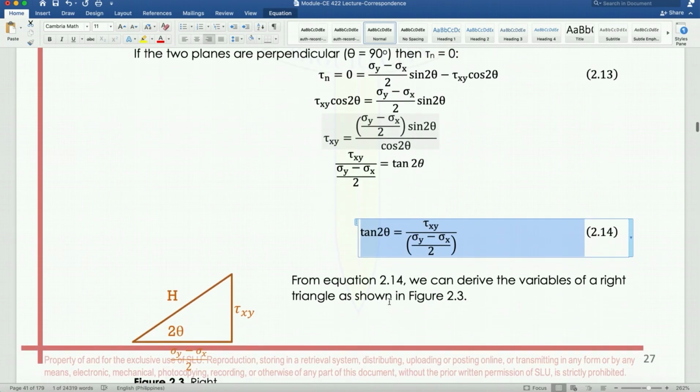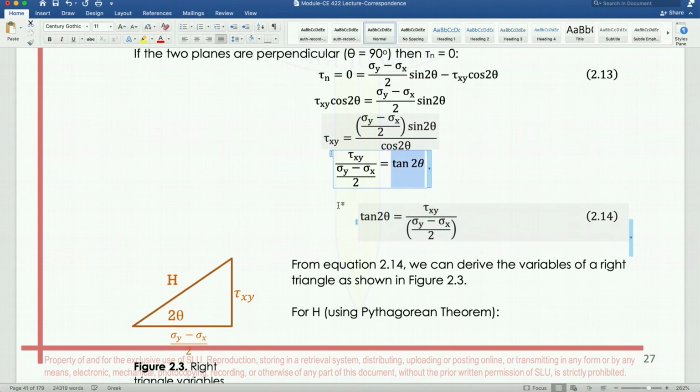Now, from equation 2.14, we can derive the variables of a right triangle as shown. Okay? So, kung titignan mo, isn't it that this is a function of SOHCAHTOA? So, tangent is equivalent to opposite over adjacent. Okay? So, yan.